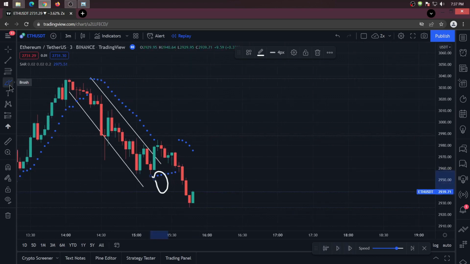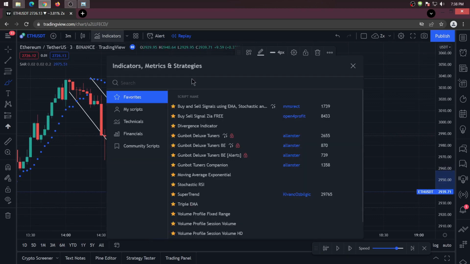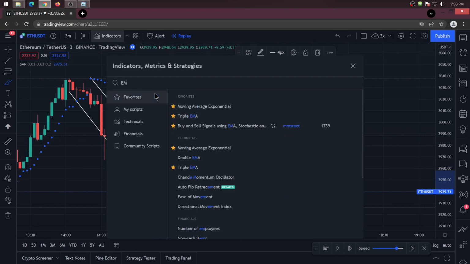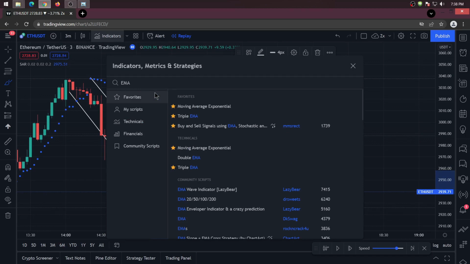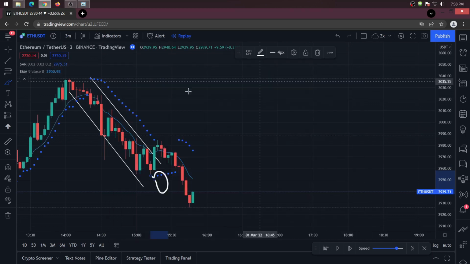So now I add a second indicator, the 200 EMA, to protect against some unwanted trades. I go to indicators and simply write EMA, and I find an indicator named moving average exponential. I click here, and the default EMA length is 9, so I have to change this length to 200.